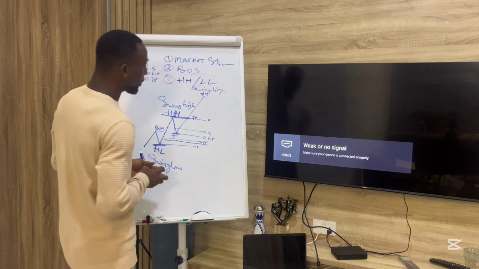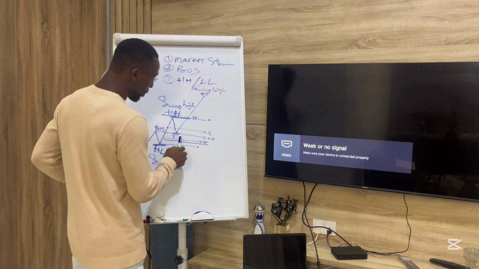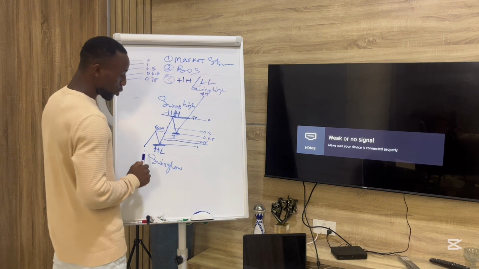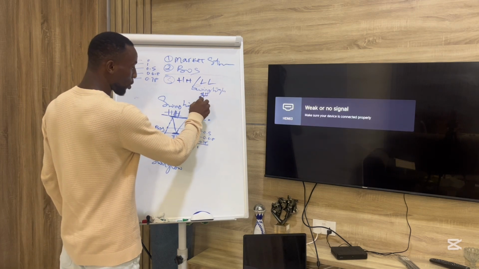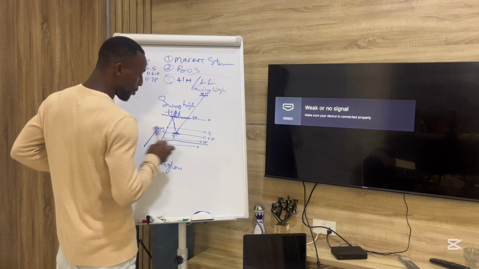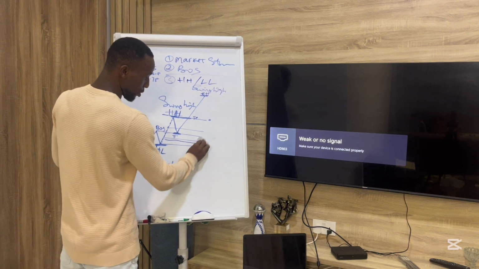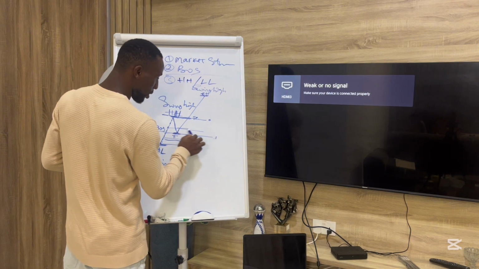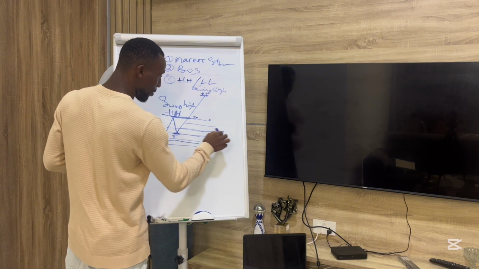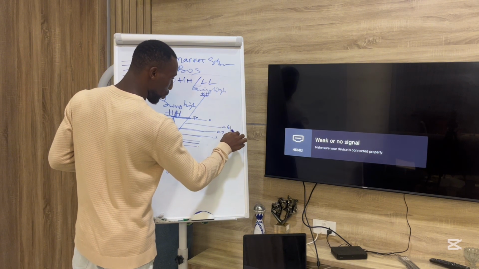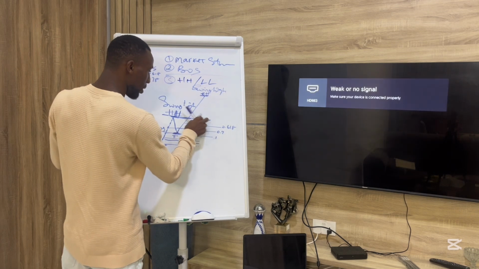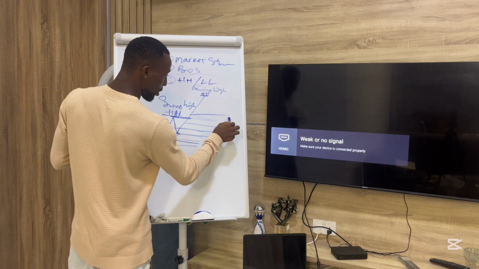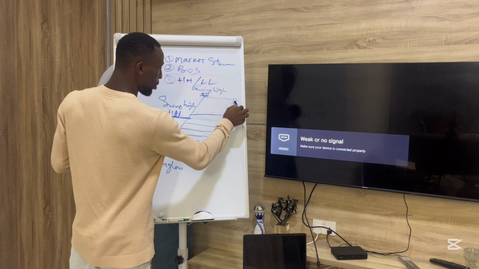So now, entering for another buy position, all you need to do is wait for the market again, put your Fibonacci retracement from this current swing low all the way to this current swing high, and you should have your Fibonacci giving you here to be 1, giving you here to be 0.7, giving you here to be 0.618, and maybe giving you here to be 0.5, and then here your 0.